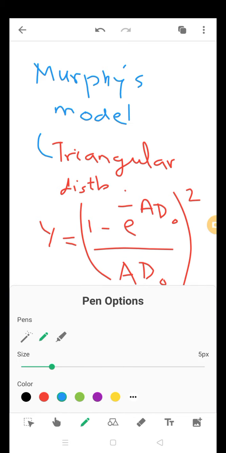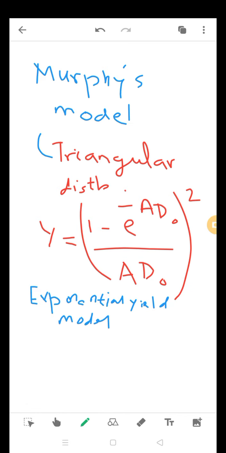So a small area means a high defect density.